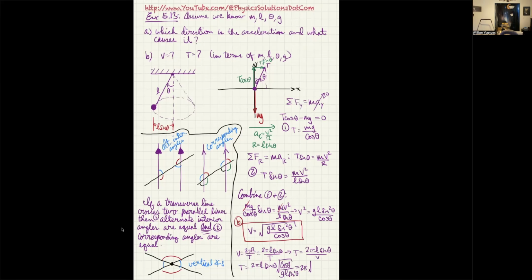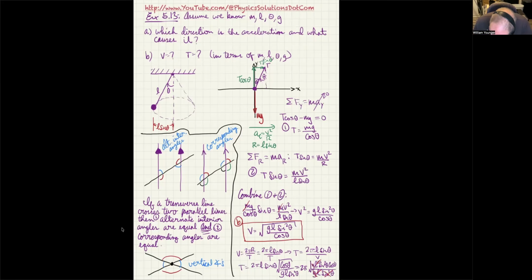And because of that, I'm going to get g L squared sine squared theta cosine theta over gL sine squared theta. And you can see that, in fact, the L squared is going to cancel out with the L down here. The g is going to cancel out with the g here.